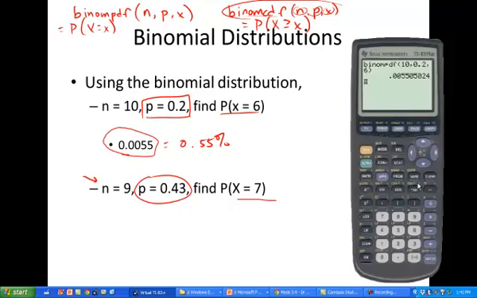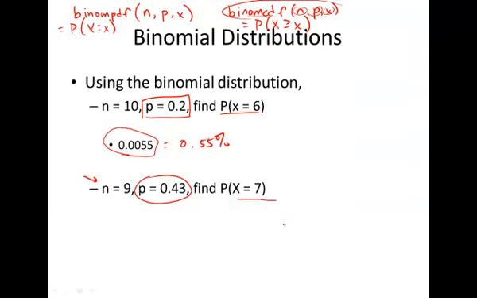So once again, binomial PDF, or you could just click the 0 button if you remember it. n is 9, comma, 0.43, comma, 7. 3.2% approximately. Okay, so that's how we do the binomial distribution on the calculator.